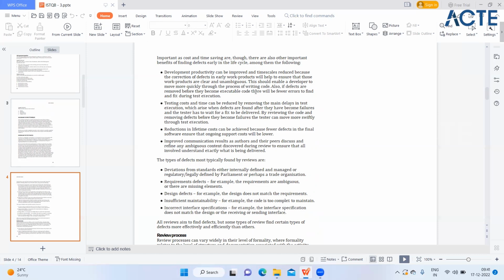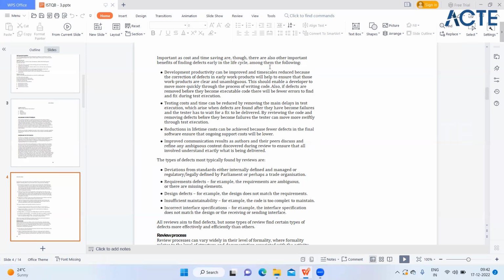As I told you, if we find defects at the document level or at the architecture diagram level before starting the code, it will save time and cost both, and it will be easy for the developer to write the code, because they do not need to write it, then find defects at the code level and fix it again. They will write it correctly in the first phase itself.